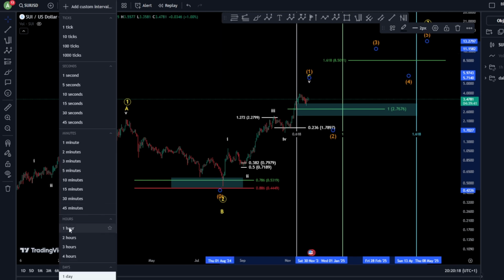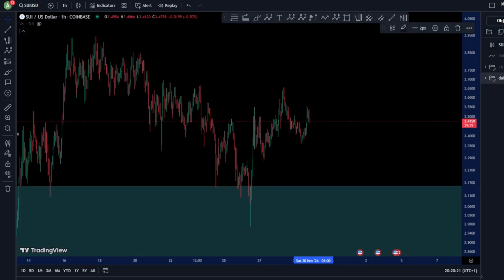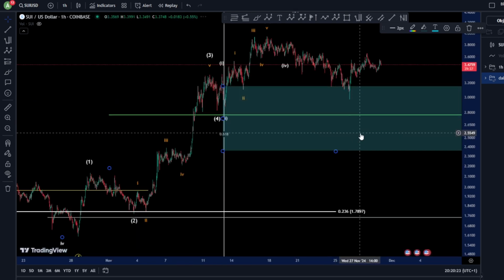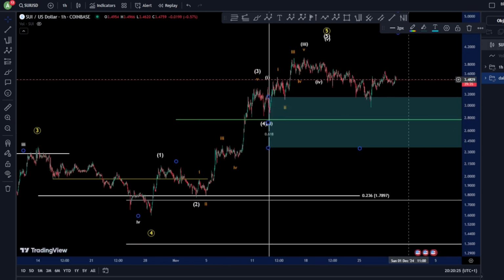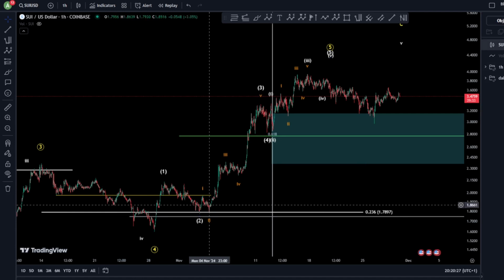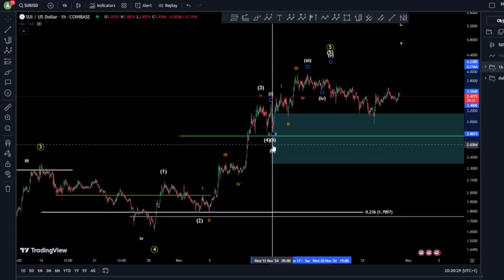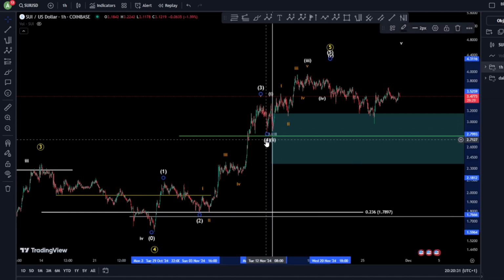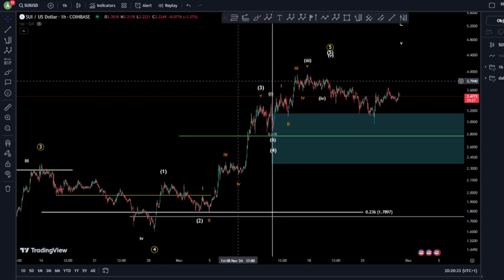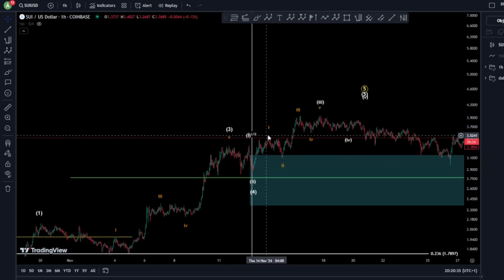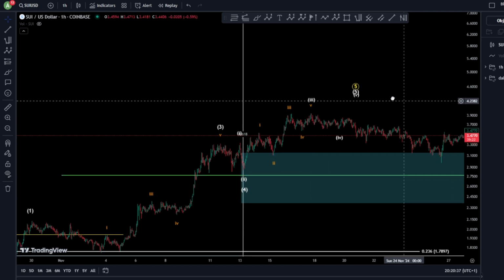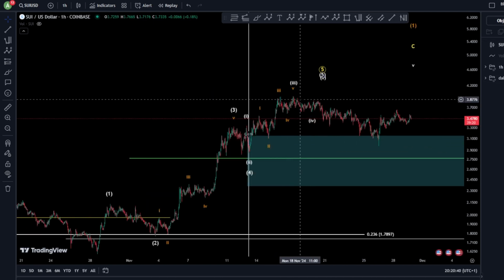Now, if we take a look at the 1-hour chart just to check the healthiness of this wave 5, what you can see here exactly is a 1, 2, 3, 4, and a 5 in the white scenario, where we are looking for a finished wave 4, and then 1, 2, 3, 4, 5, also a finished wave 5 in the orange scenario.